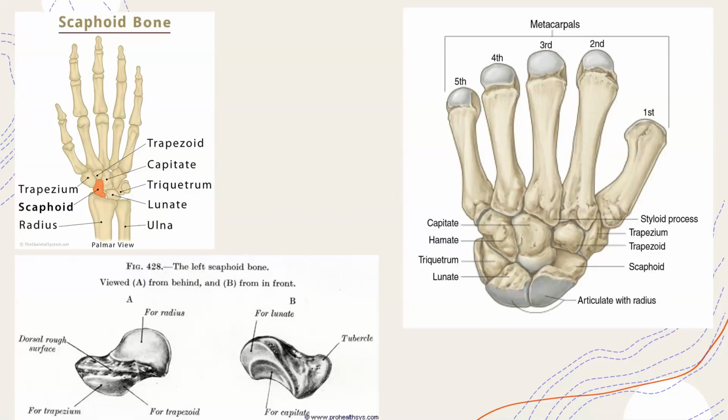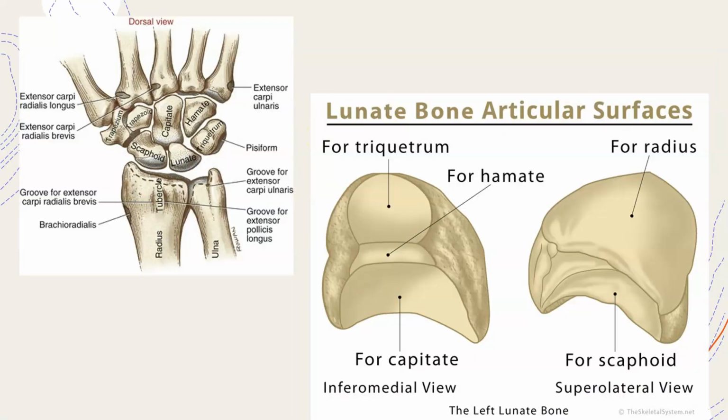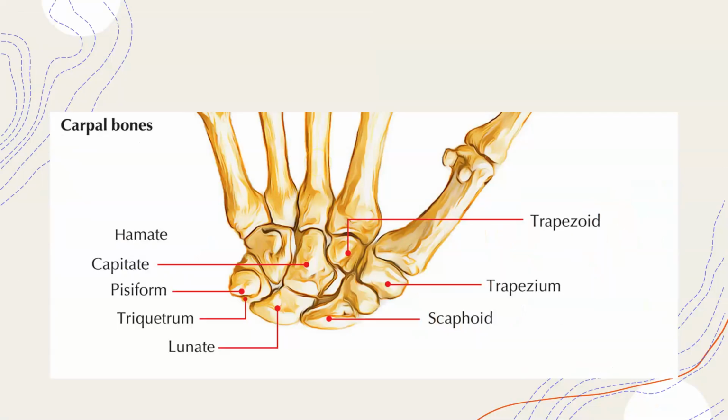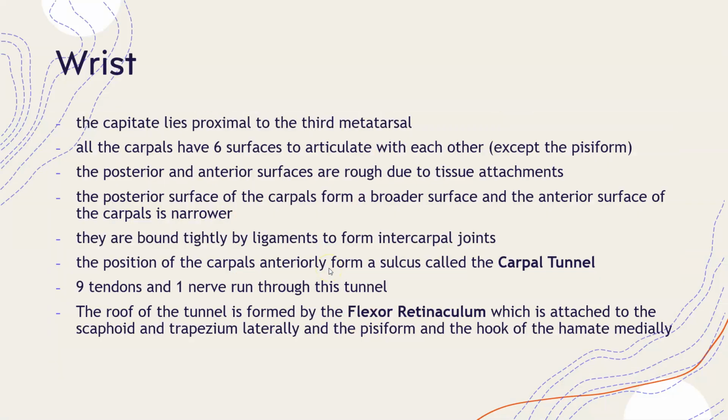I have a picture here somewhere. I apologize, it'll be later on, but understand that when we look at the posterior surface versus the anterior, we can in some way say that the posterior surface is more convex in nature and the anterior surface is more concave in nature, as these bones relate to each other.